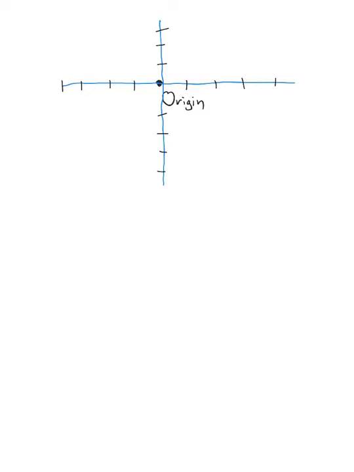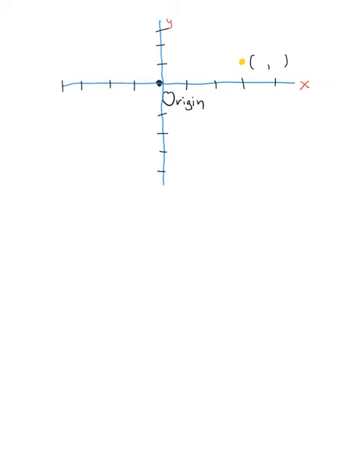So, for example, if I pick this point here, well, what coordinate could I give it? Well, we need 2 numbers, and the way these work, we're going to say how far it is in the horizontal direction, and the horizontal direction is usually denoted by x, and then how far is it in the vertical direction compared to our chosen point, the origin. And we denote the vertical direction by y.